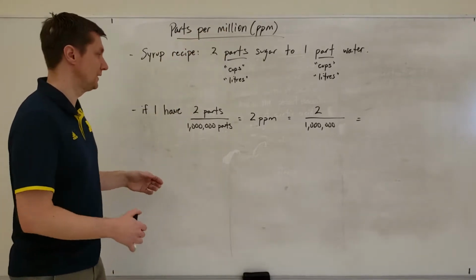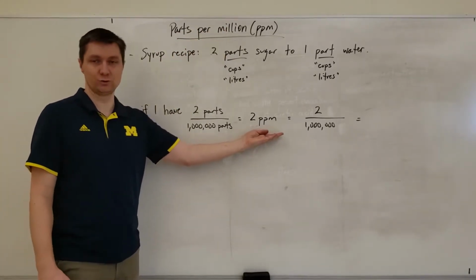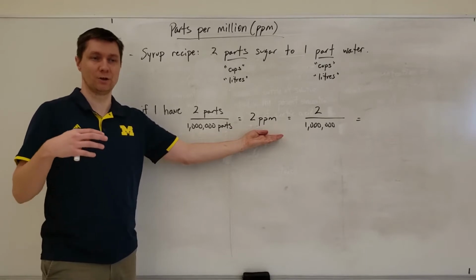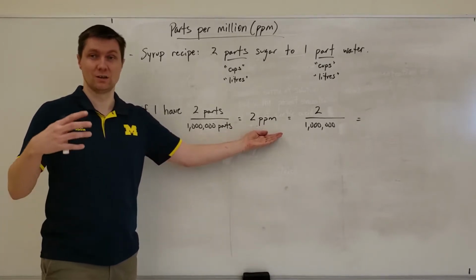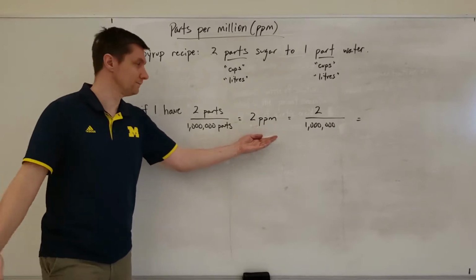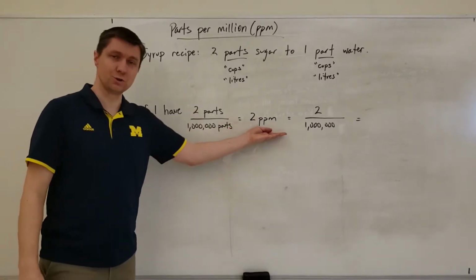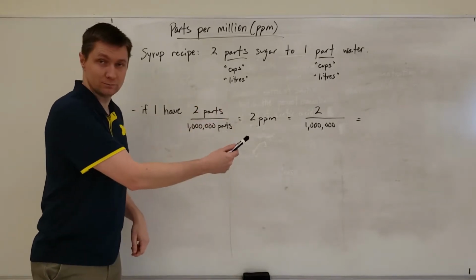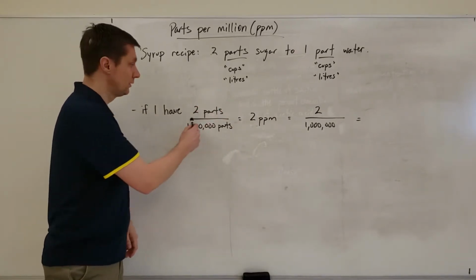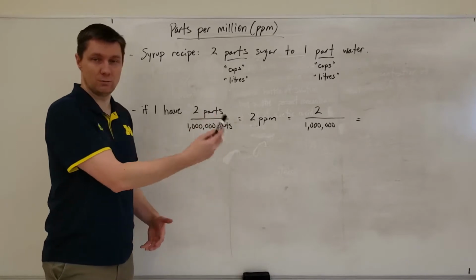All it means is that if I have a solution that has a concentration of 2 parts per million for the solute that's in there, let's say salt in water, that just means that I have 2 parts sodium chloride or salt to 1,000,000 parts of water.